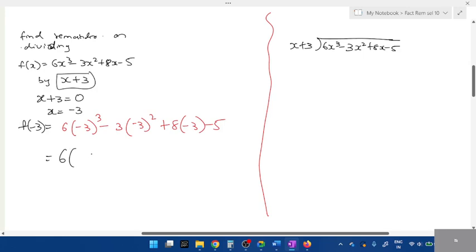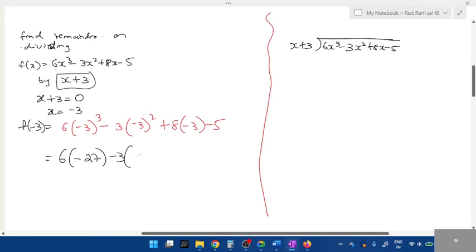Okay, others, what did you all get? What basic calculation are you all struggling with? You don't know what is 3 cube? What is 3 cube? If you're like this, it's very tough, very difficult, student.